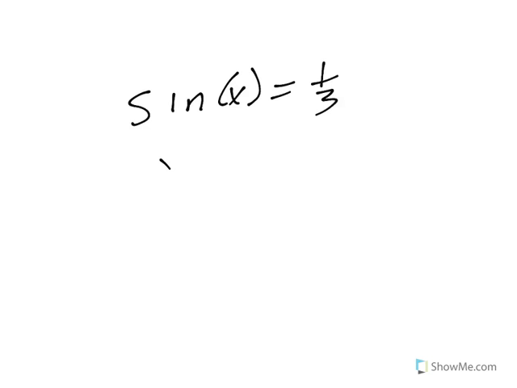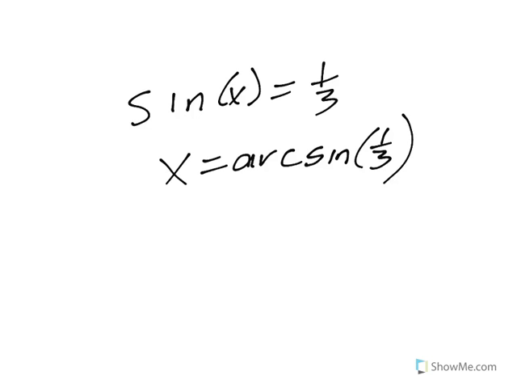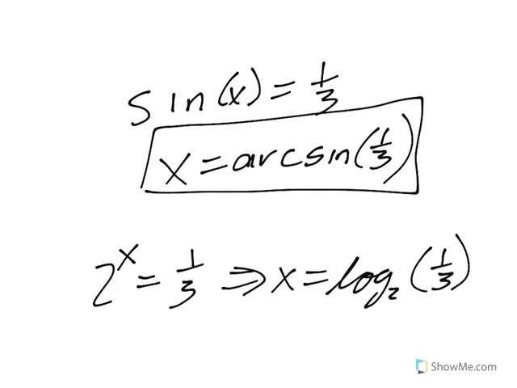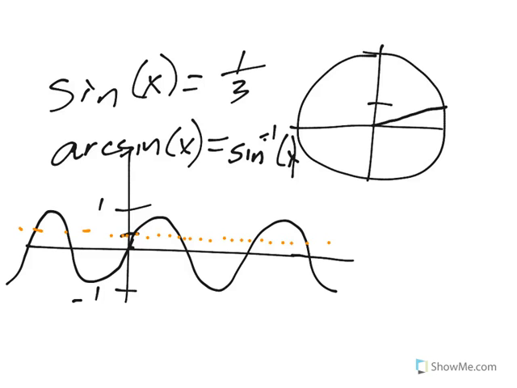And you say, oh, well, sure, that's just the arcsine of a third. And that's similar to saying that, what do I raise 2 to get a third? Oh, that's just the thing that I raised 2 to get a third. It's a very unsatisfying answer. And this one is even worse in a certain respect because it's only going to be one of the many answers. It happens to be the one that's shown right there.